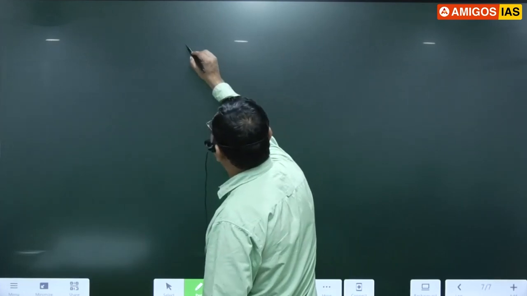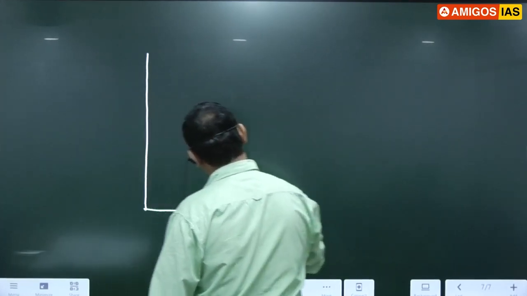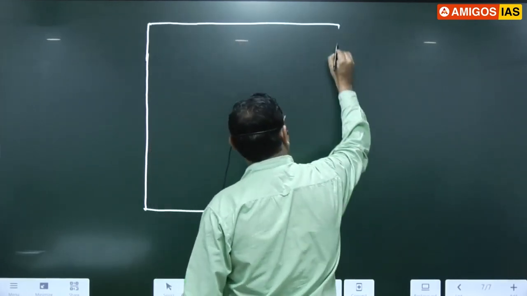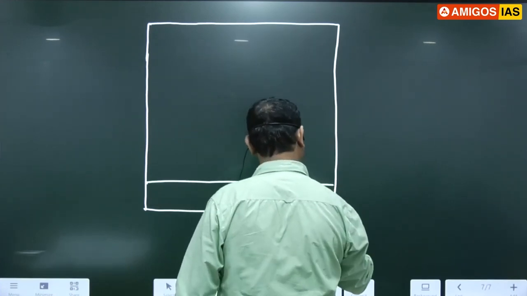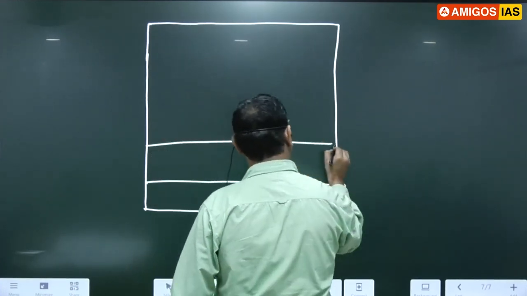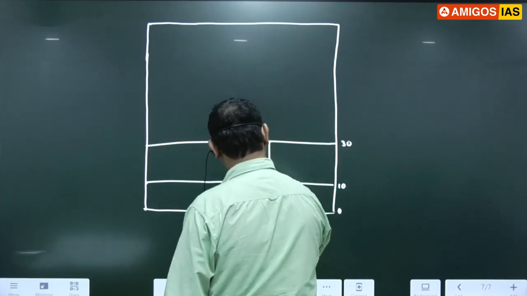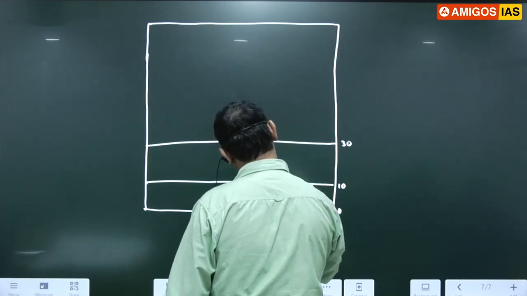Now, look at here. Equator, 0 to 10 degree, 30 degree. This is a equatorial region.